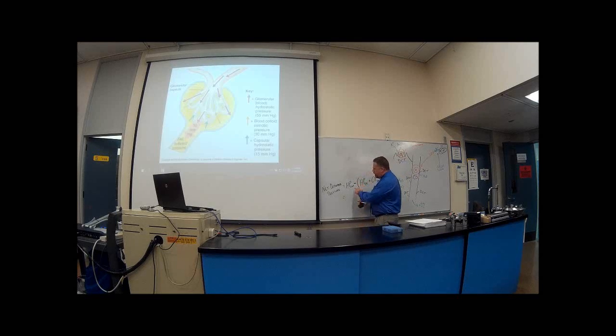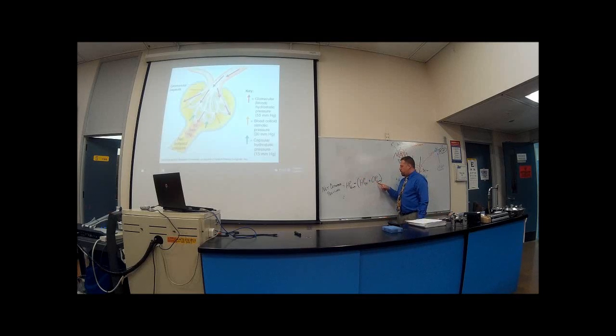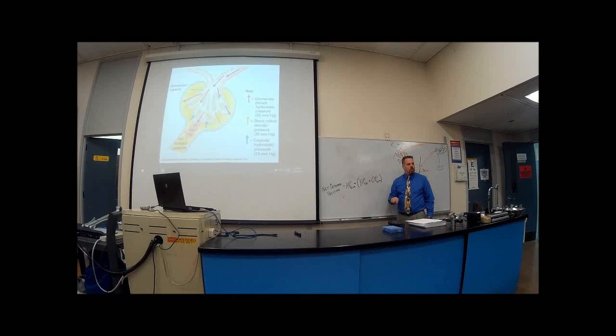Let me say hydrostatic pressure of the glomerulus. That's better. Put down capsule versus capillaries. So, does that make sense? The net outward pressure is the hydrostatic pressure of the glomerulus minus, together, the hydrostatic pressure of Bowman's capsule plus the oncotic pressure of the glomerulus. And now you just plug in numbers.